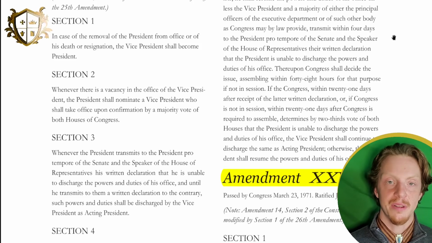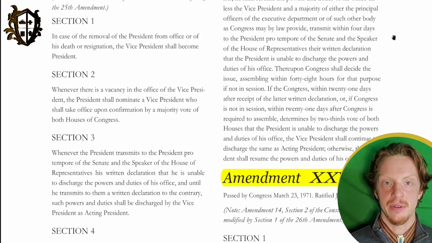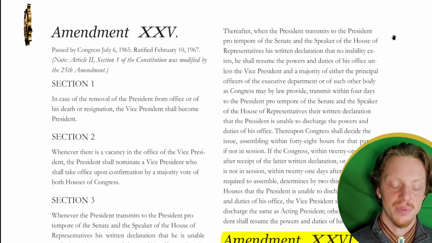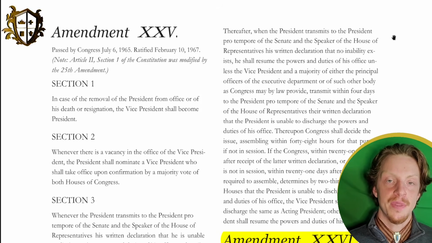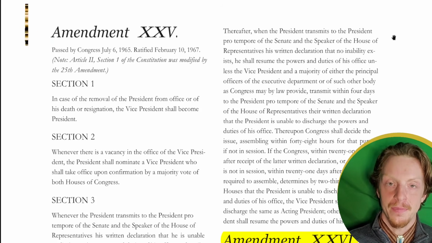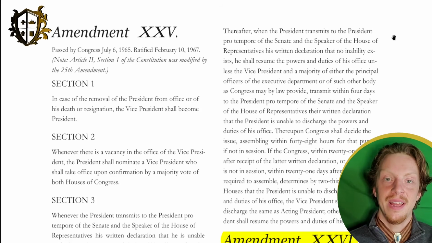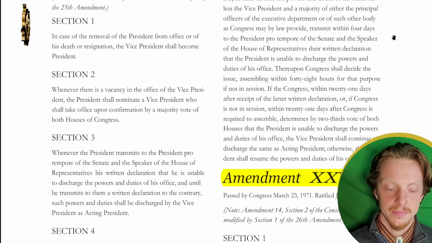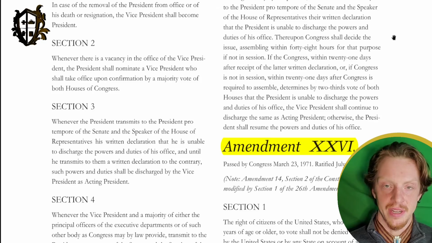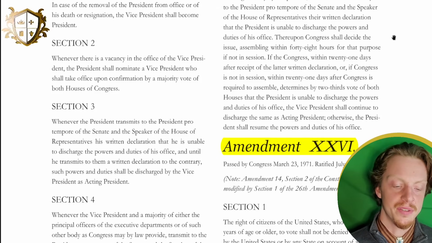So even if the President comes back and says their written declarations are illegitimate, if the Vice President and a majority of the principal officers of the executive departments come back and say, actually, no, the President's declaration is untrue, they can act as kind of a veto of the President's declaration saying that there is no inability existent.